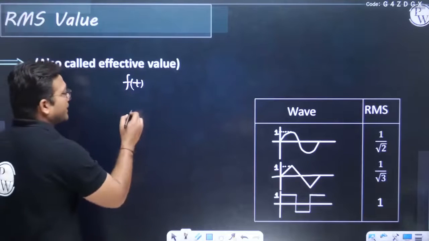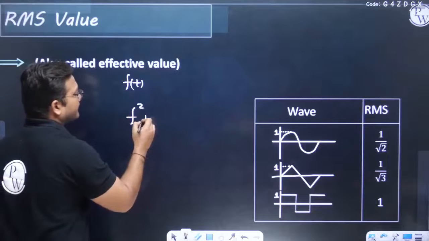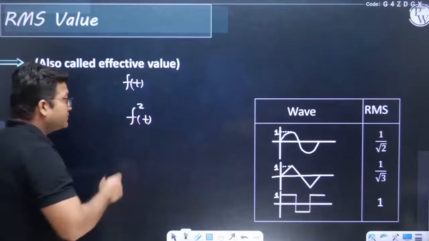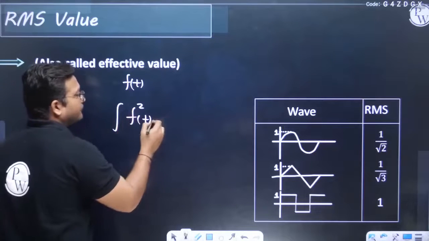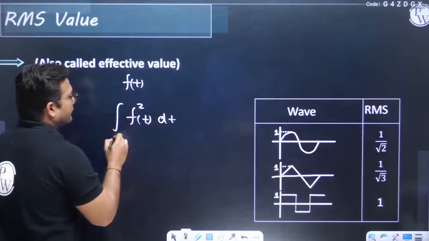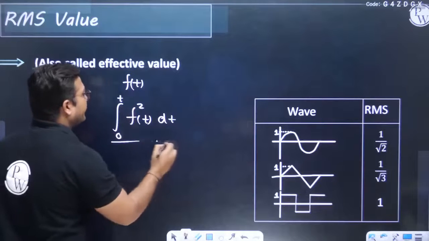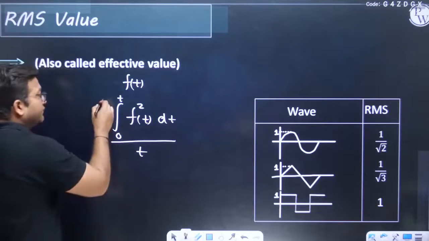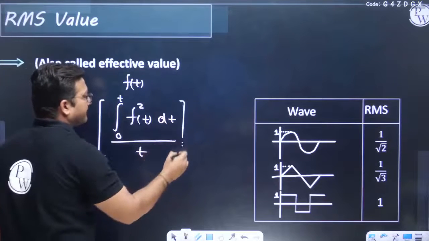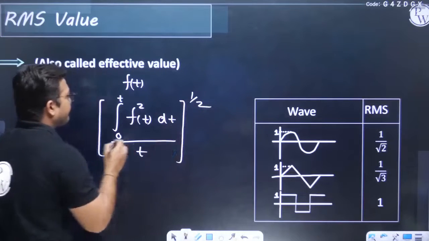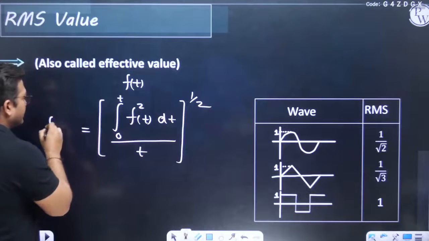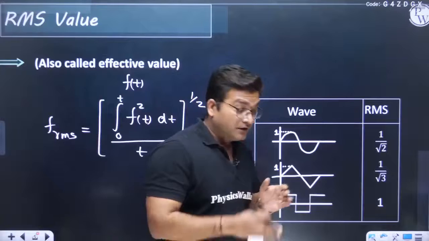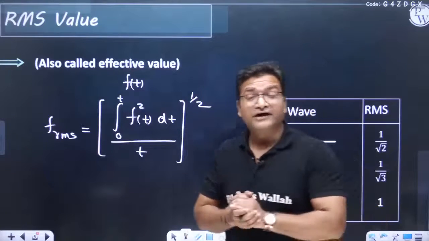So if we square it and then take the mean, that is the average, the average would be the integral of f squared dt from 0 to T divided by T. So this is the mean of squares, and then you take the square root. This becomes the RMS value of that function for the specified period of time.